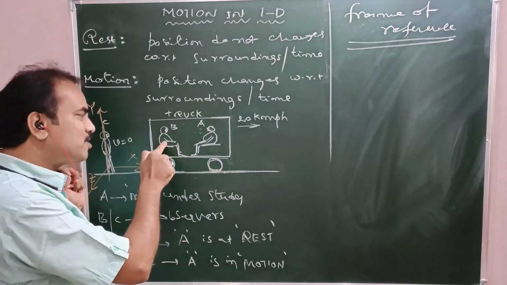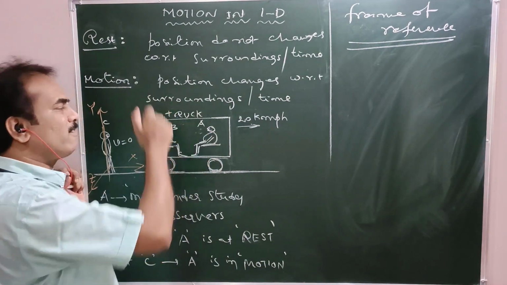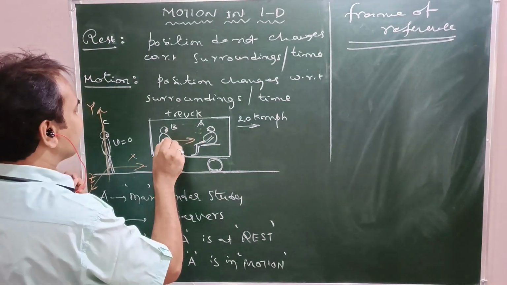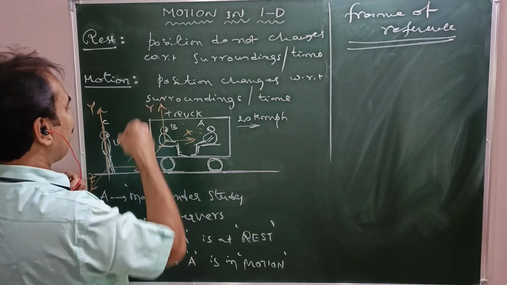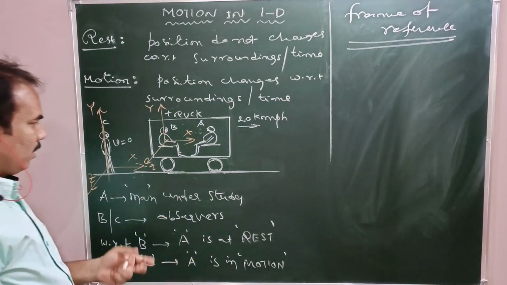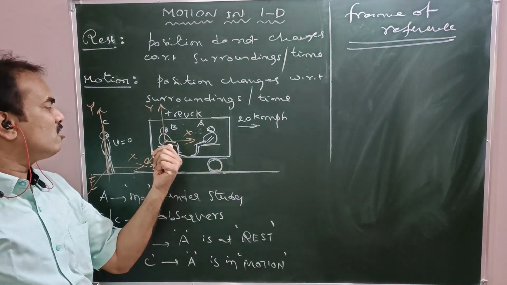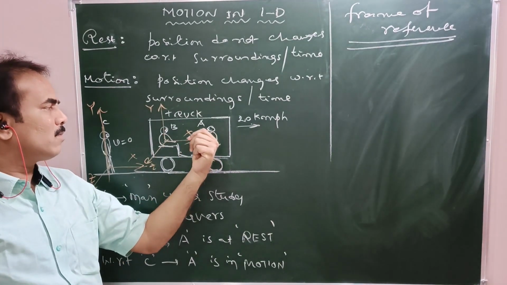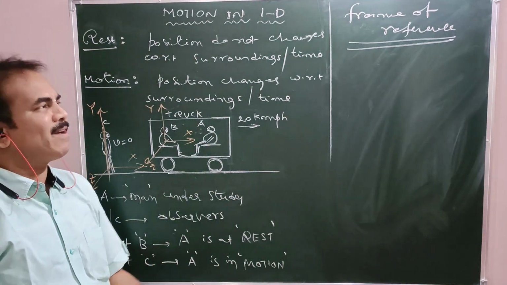Suppose B is also an observer who is going to observe the state of A. Then take one Cartesian coordinate axis like that, say x-axis, y-axis, z-axis. Now a frame is attached to observer B. Making use of this frame, observer B is going to observe the state of A. So usually what is meant by frame of reference?